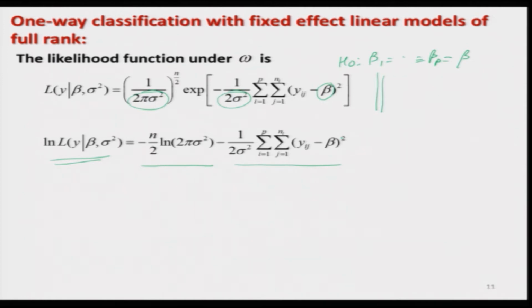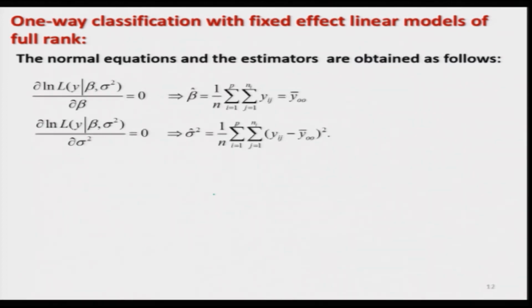Now we have to do the similar thing, that we have to find out the value of beta and sigma square for which this log likelihood is going to be maximized. So, we can just differentiate it with respect to beta, with respect to sigma square, put it equal to 0 and solve them. That is what we try to do here.